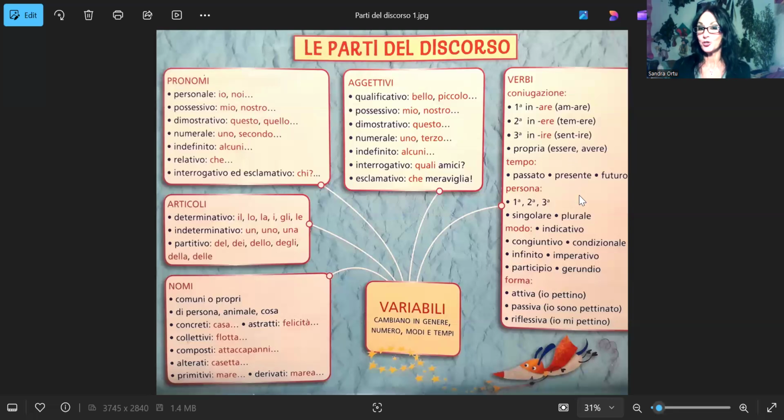And then verbs also change in tenses. We've only seen the present tense; however, there is the past and the future and other tenses and modes, which is a little bit too soon to mention here. And now, I think I'll stop sharing. So these are the parts in a sentence that change in number or gender, and we have seen quite a few examples of this in our lessons.